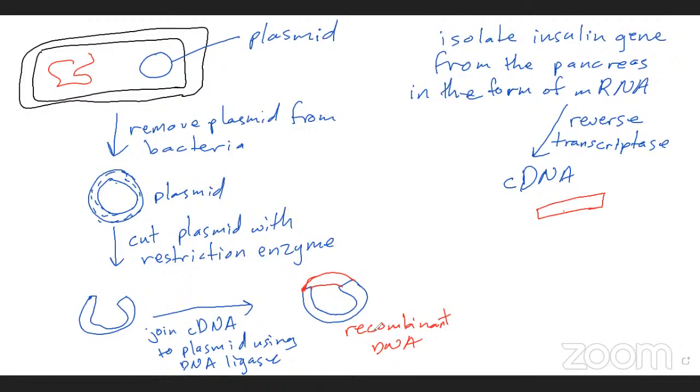So the plasmid, even though we call it recombinant DNA at this point, is our plasmid vector because it has the DNA in it. You isolate the plasmid, isolate the DNA, cut the plasmid, insert the DNA into the plasmid. Once you do that, you place it back into the bacteria.